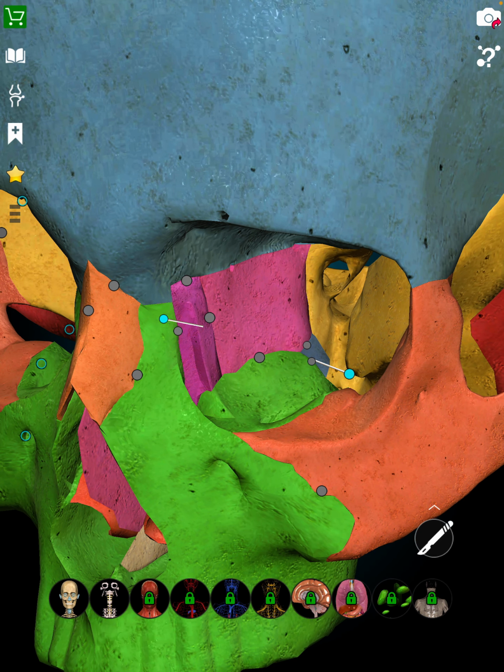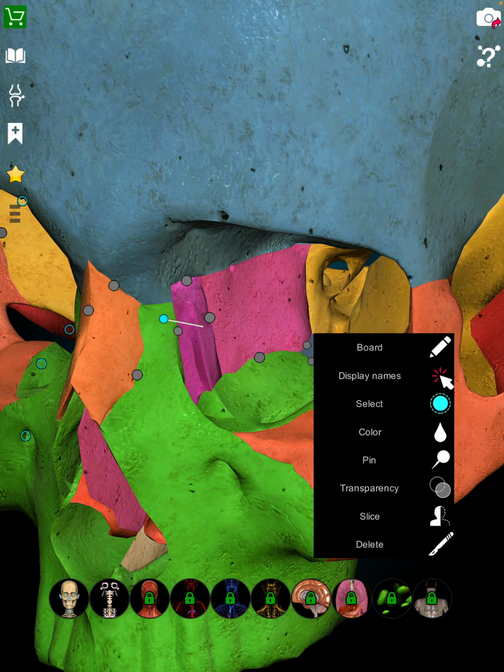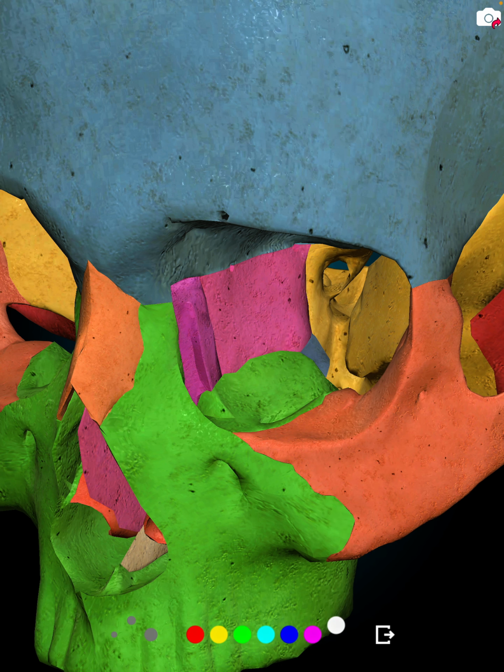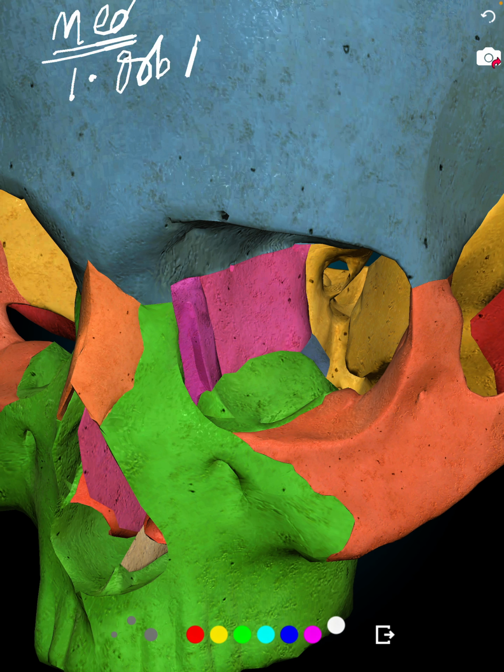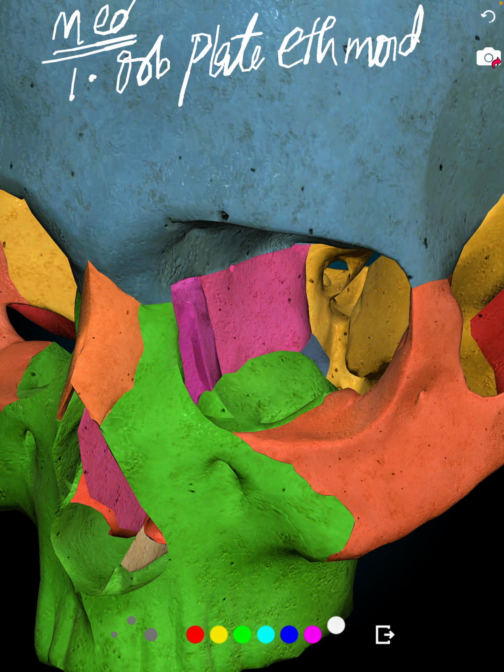In the ethmoid bone, we have the orbital plate. Okay, so now I'm writing the medial wall. In the medial wall, the first one is orbital plate of ethmoid, that is this one over here, number one.